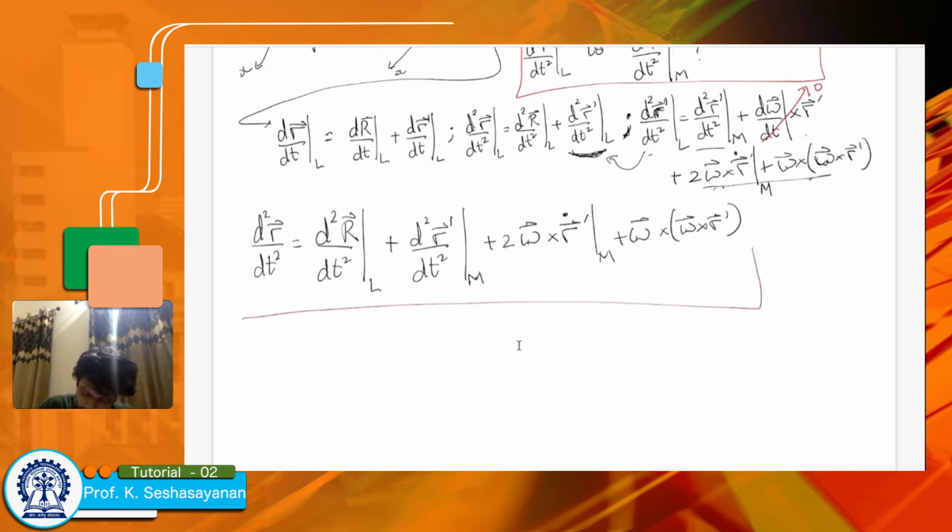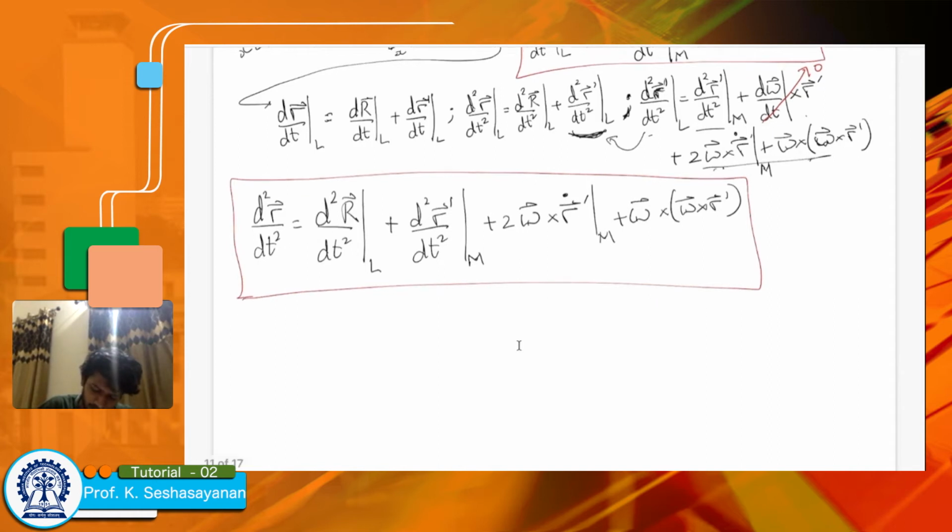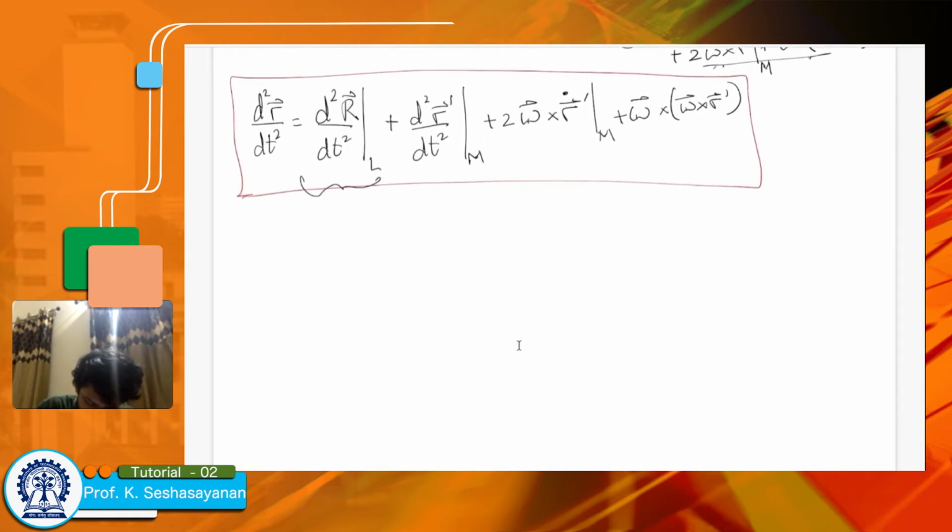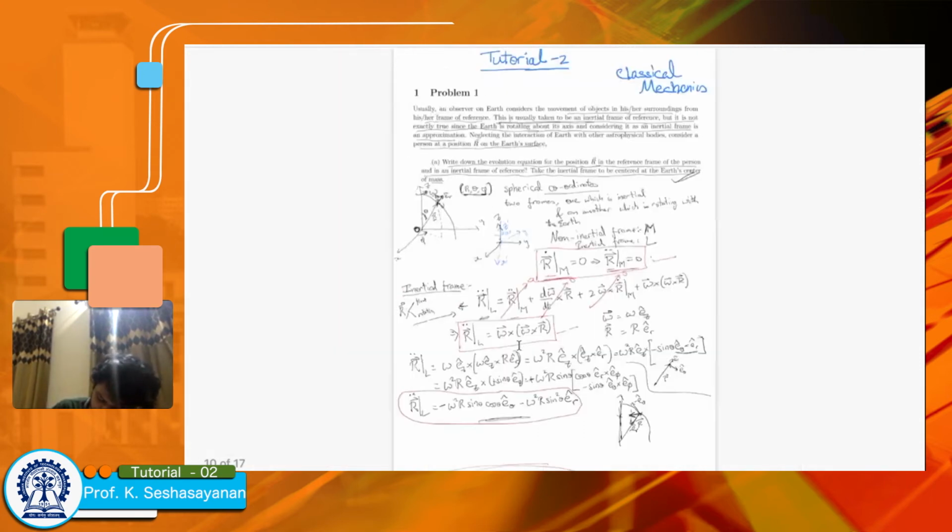So this is the expression to relate the two accelerations, and we can do some more simplifications. This term is the acceleration of the R vector in the inertial frame, which we already found previously, so we just use that.